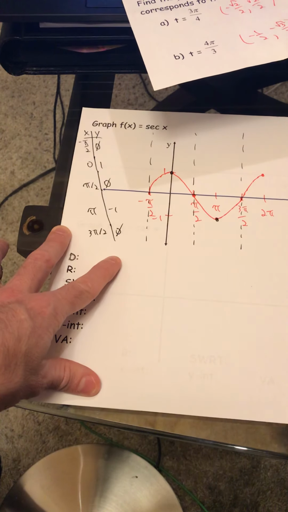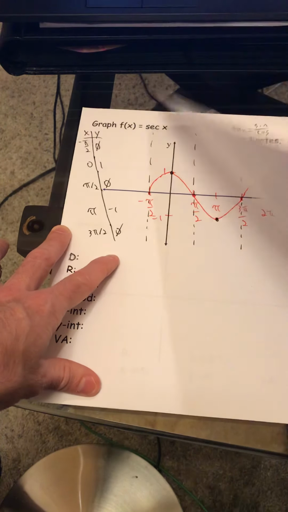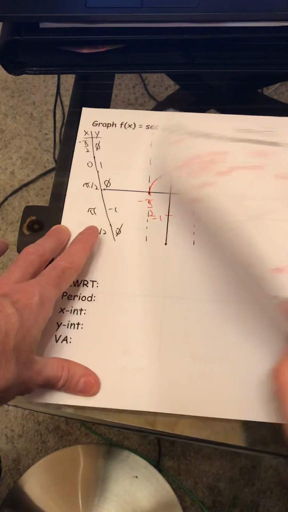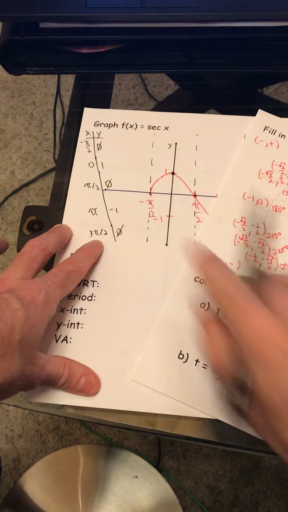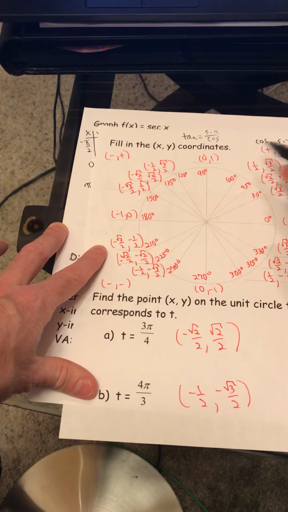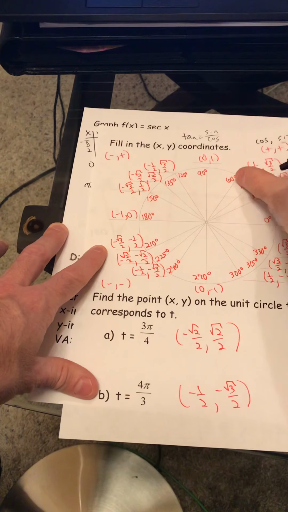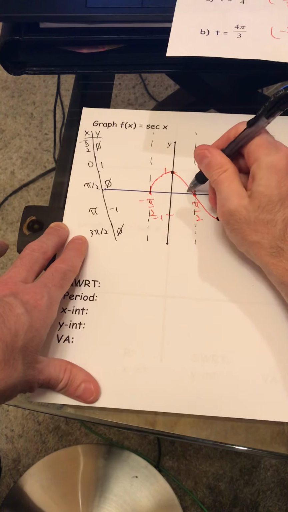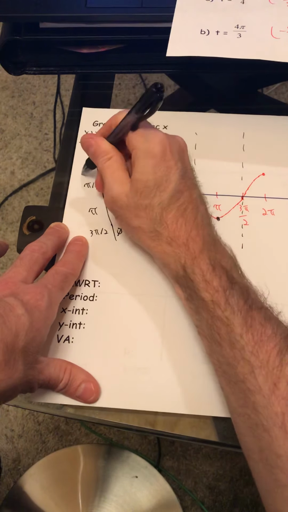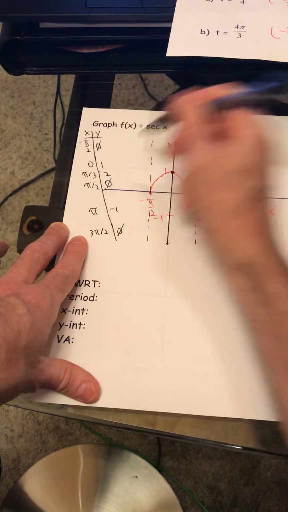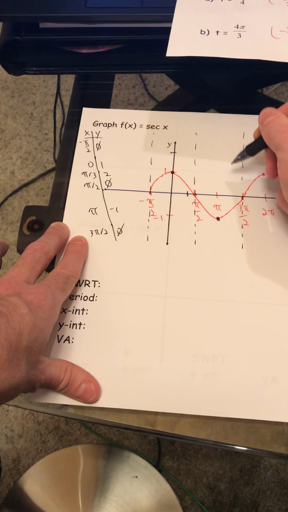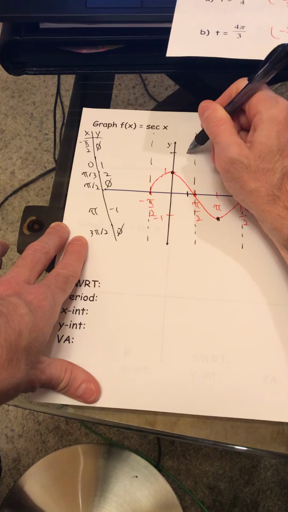Now, in between points for secant. Well, let's go ahead and do 0 to pi/2. Now your best option is pi/3, which is closer to pi/2 when we graph it. The reciprocal of a half is 2.